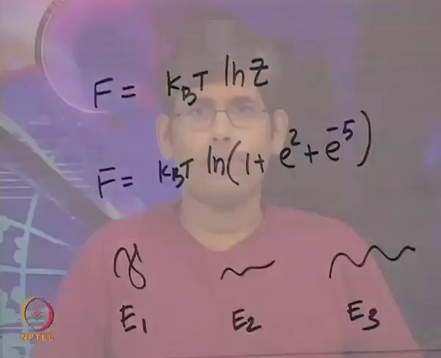Once we understand the partition function, once we can calculate the partition function, calculating free energy is easy. We don't have to calculate entropy separately because we are summing over all possible states already here, and multiplying with e power minus beta E. So now let's look at the definition once more.